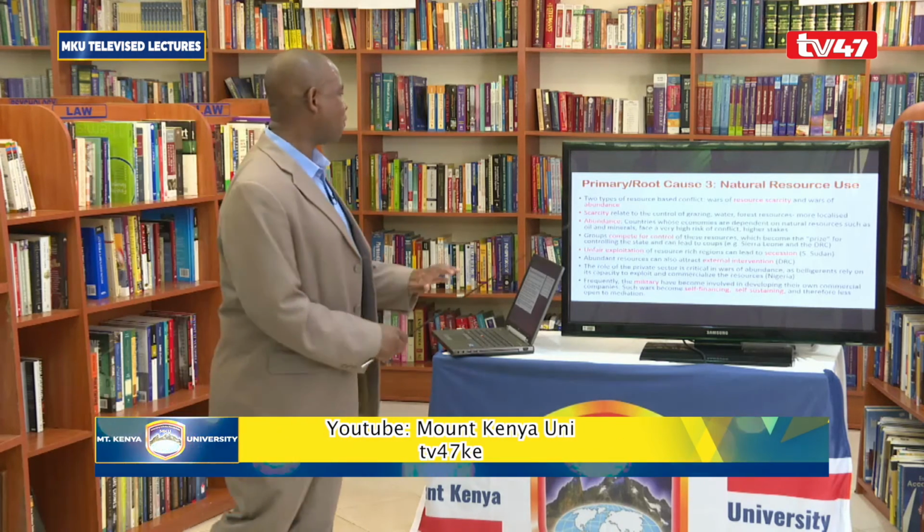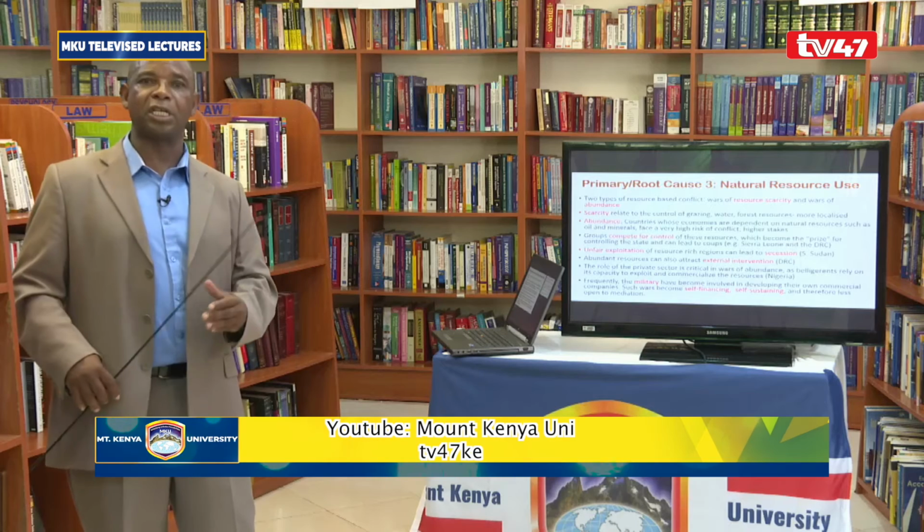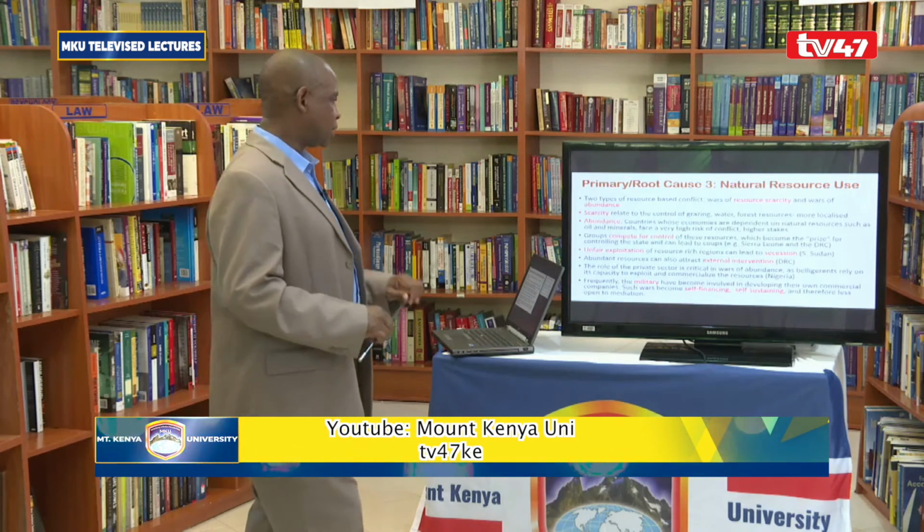The private sector is also important for this. In Nigeria, for instance, the oil exploitation is done by private companies. In some states, the military also usually takes over these resources. When they take over these resources, the resources are able to sustain those conflicts.